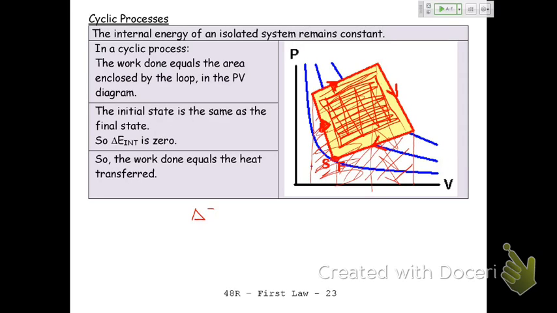Change in internal energy is equal to Q plus W. And our change in internal energy is 0, because we started and ended at the same place. So now I'm going to say our Q is equal to minus W. The work we get out was paid for by the heat.